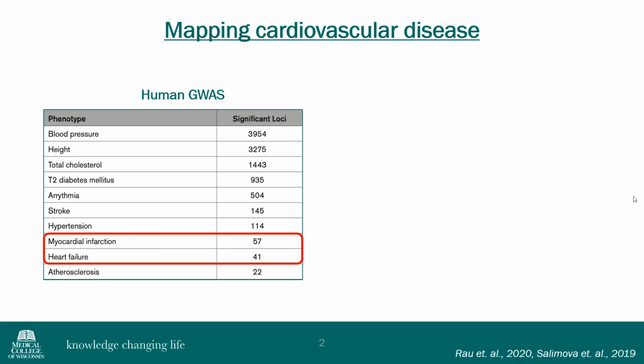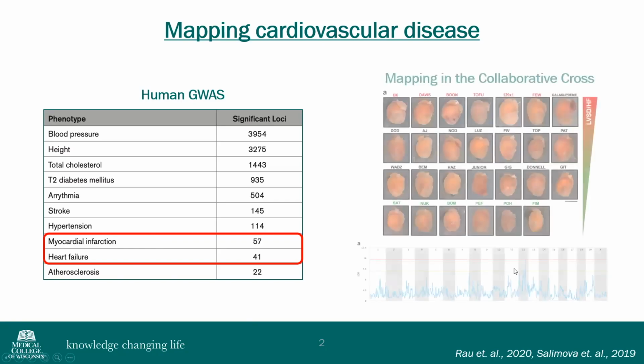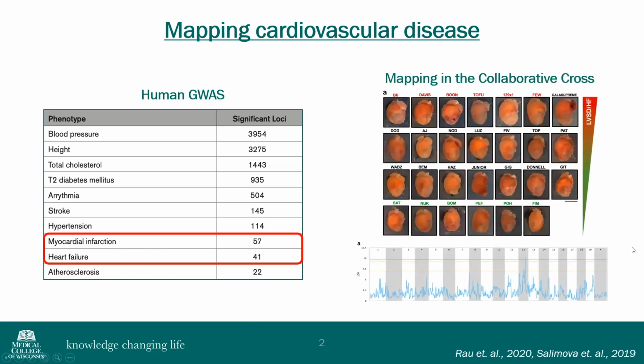There, that's better. And the complex nature of diseases like myocardial infarction and heart failure have made it really challenging to link them to the genome. Similar studies have been done in the mouse, where we can better control for environmental factors and genetic diversity.